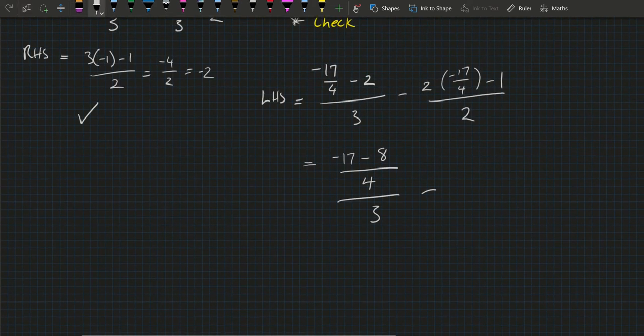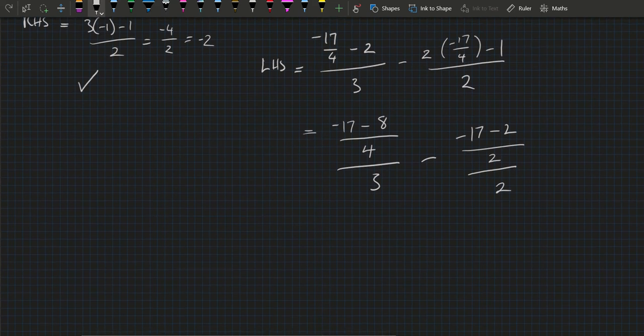And also, if I multiply this by 2, that makes this become 2, so it becomes minus 17 minus 2 on 2, all divided by 2. All right, and so now we have got minus 17 minus 8, is that right?